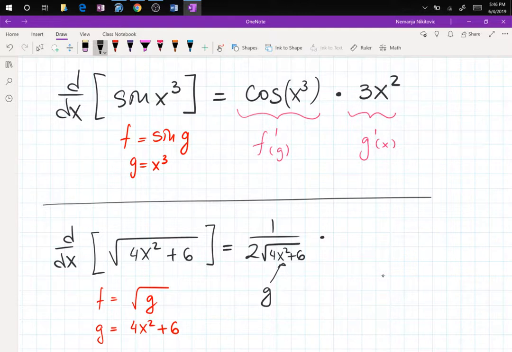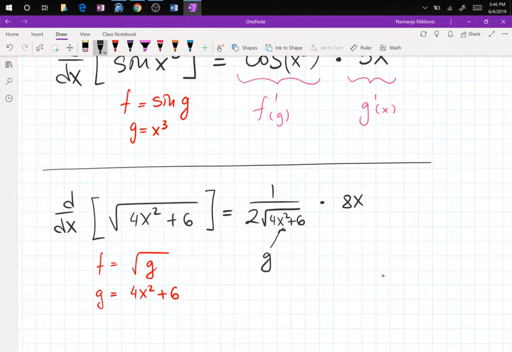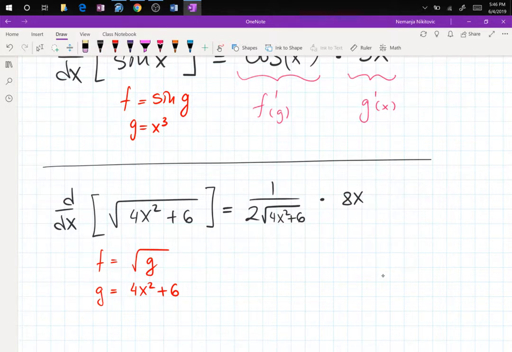Times the derivative of g, which would be 8x. That's it. So here is your f prime of g, and here's your g prime of x.